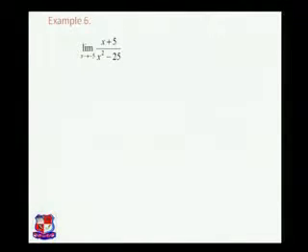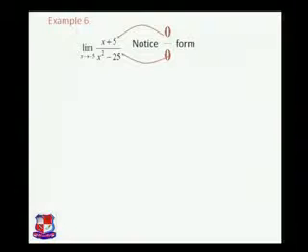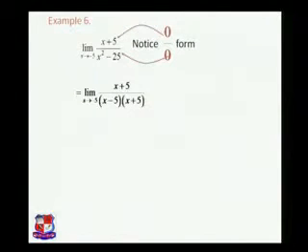In the same way we can do this example, as I have discussed before starting this session, (x plus 5) upon (x square minus 25). So this is 0 upon 0 format. X square minus 25 is equal to 0 if we put x equal to minus 5, and also x plus 5 is equal to 0. So by factorization this is (x plus 5) upon (x minus 5) into (x plus 5), limit x tends to minus 5.